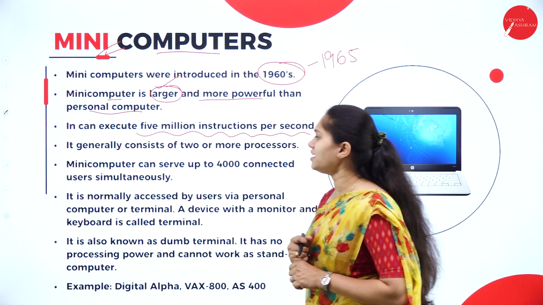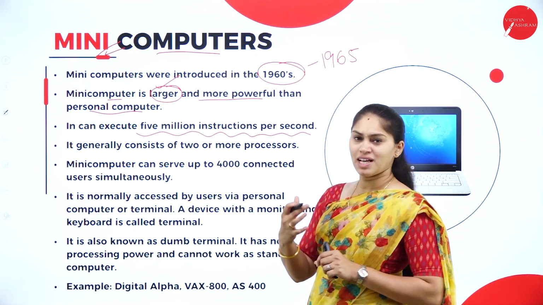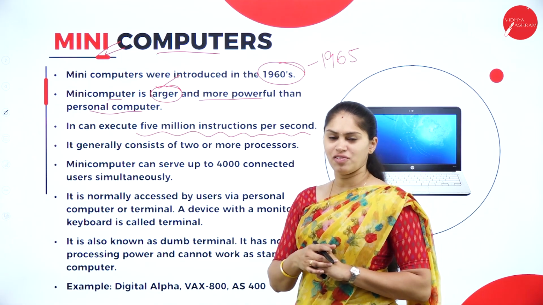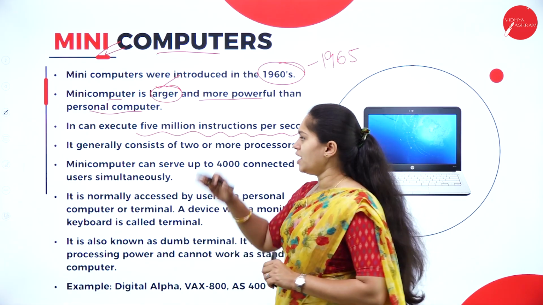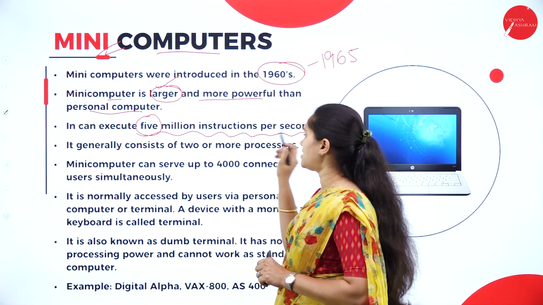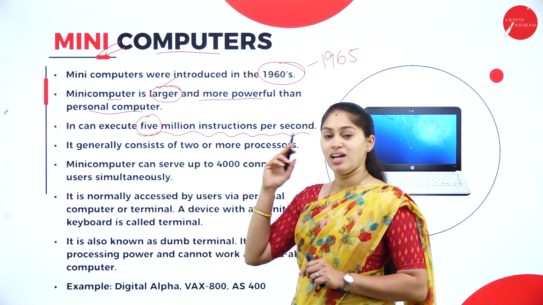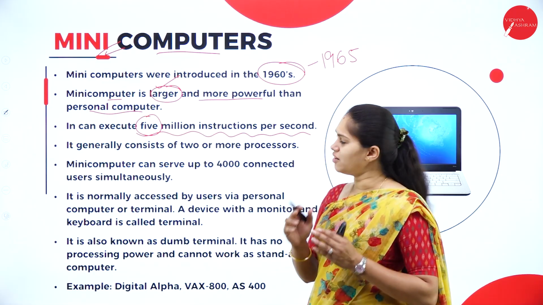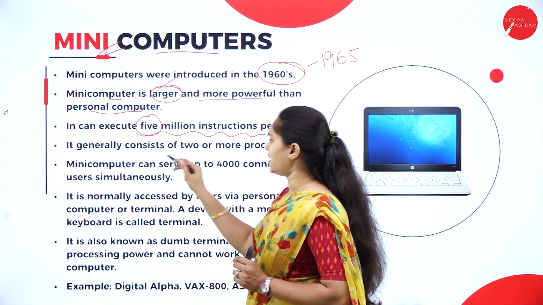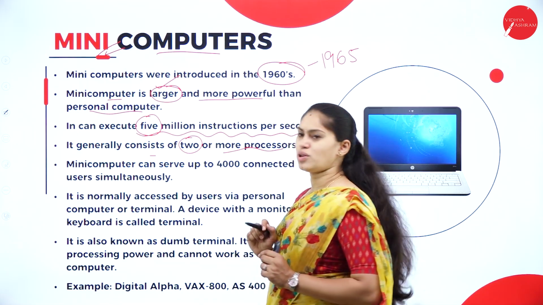Based on that we find the efficiency of a computer. In that, a mini computer has the ability to execute 5 million instructions per second. You just imagine, it can process 5 million instructions in a second, and it generally consists of 2 or more processors.